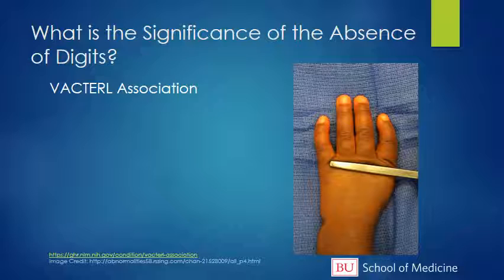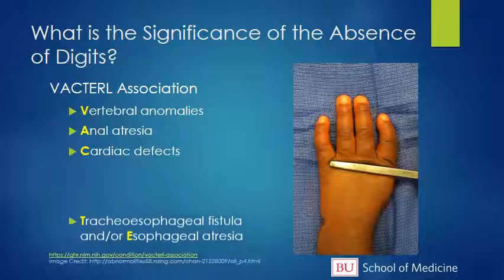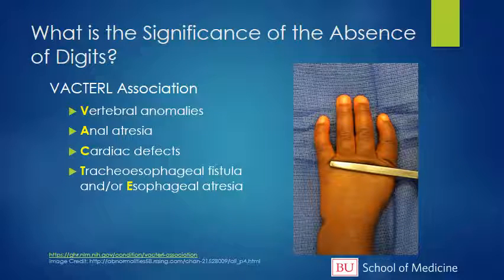These include the following: vertebral anomalies, anal atresia, or the absence of an anus, cardiac defects, tracheoesophageal fistula and/or esophageal atresia, renal or radial abnormalities, and here the radial abnormality is referring to the absence of a thumb, and finally limb defects, where we can see other more prominent limb defects besides the absence of a digit.